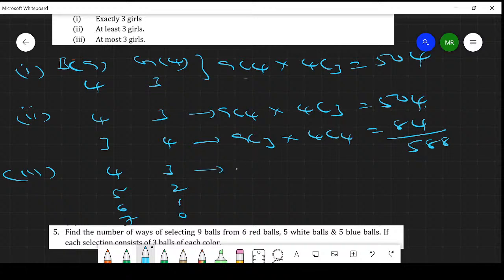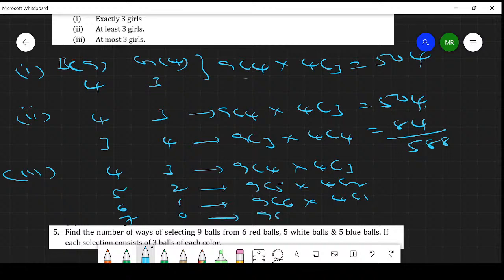Then I can write this: 9C4 into 4C3, and 9C5 into 4C2, and 9C6 into 4C1. The last case is 9C7 into 4C0.